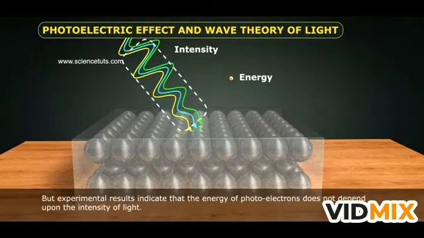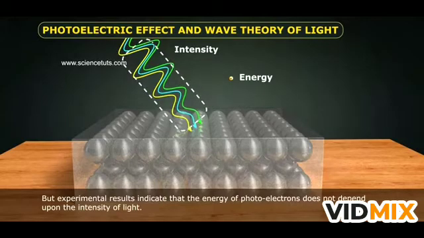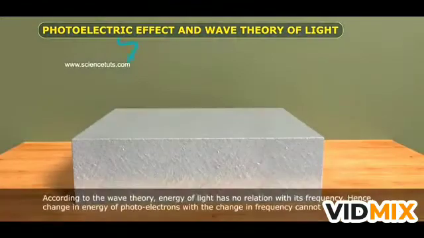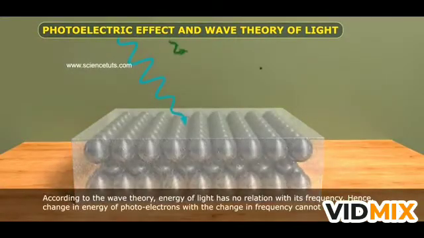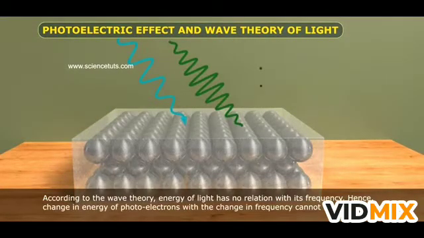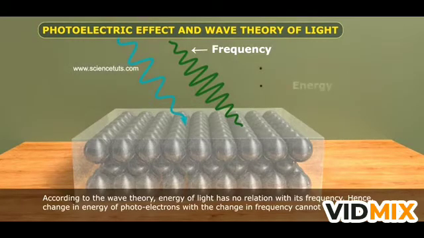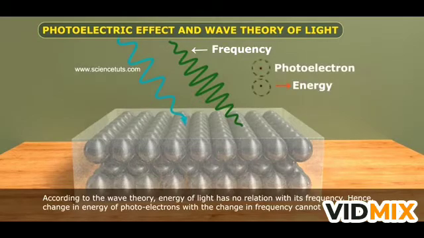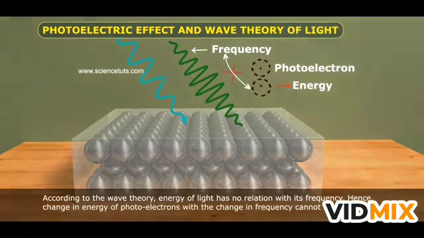But experimental results indicate that the energy of photoelectrons does not depend upon the intensity of light. According to the wave theory, energy of light has no relation with its frequency. Hence, the change in energy of photoelectrons with the change in frequency cannot be explained.